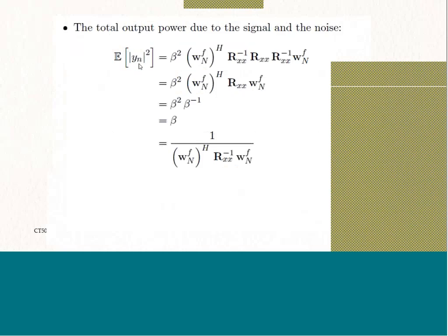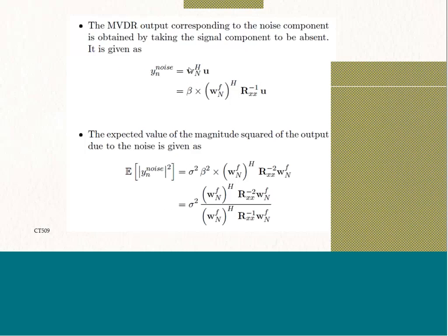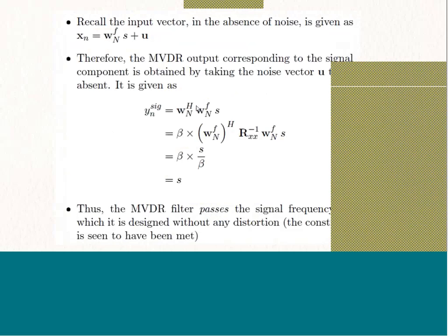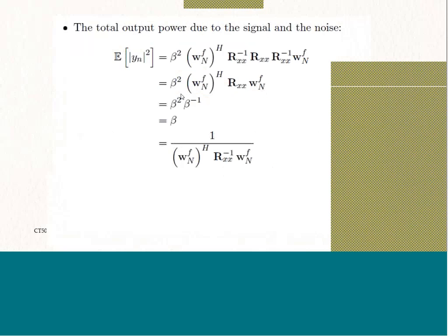Now, Yn is given as Wn Hermitian Xn, and if I substitute the expression for Wn, which is beta times Wf Hermitian Rxx inverse times Wf, and then I take the expected value of |Yn|^2, we get this particular expression here.